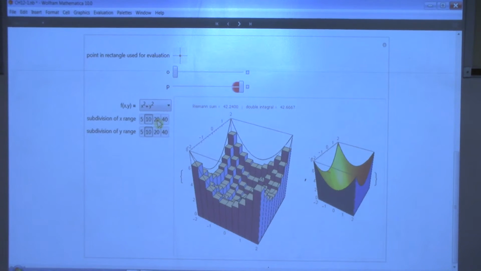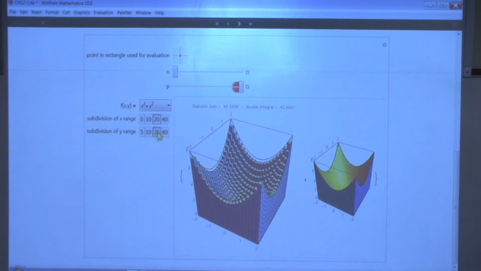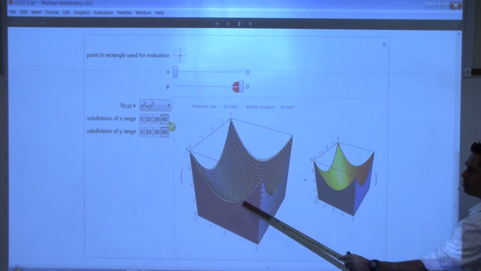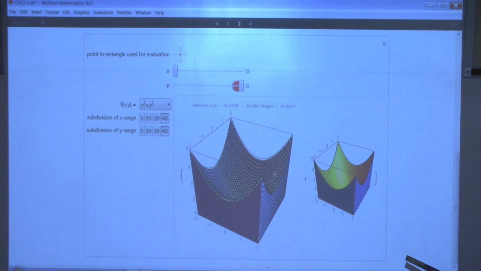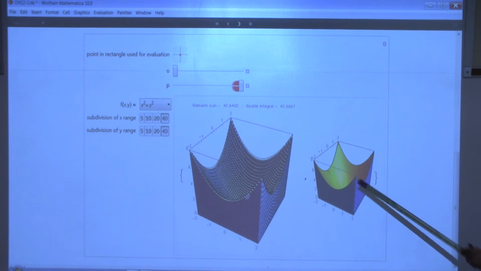Now, if I do more, smaller and smaller little rectangular boxes in there, I'm going to start to get closer and closer to the true volume, right? And the way to actually get the true volume would be to let the number of those go to infinity. But that means turning a sum into an integral, right? So let's try and see if we can come up with a formula that would give us a volume of each individual box.